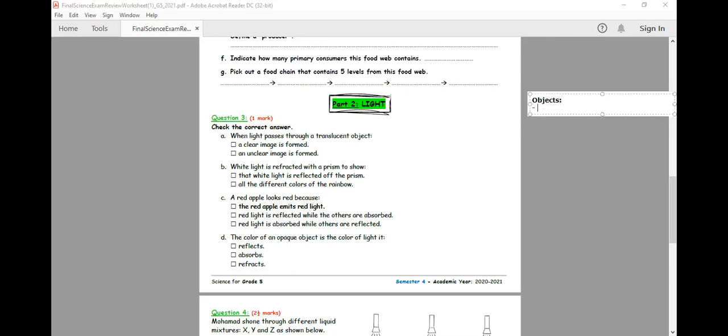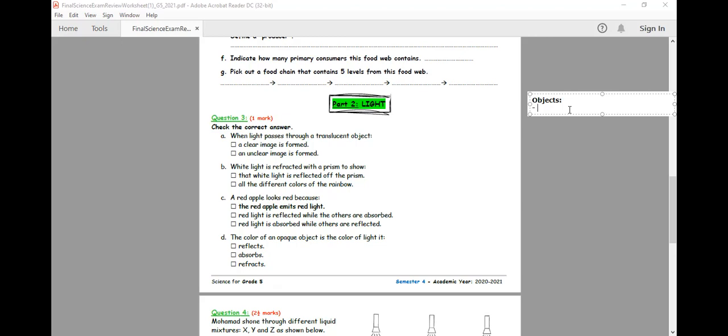What do we call objects that do not let light pass through at all? Yes?